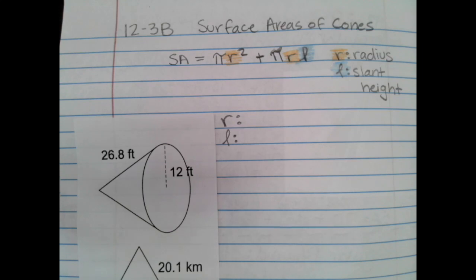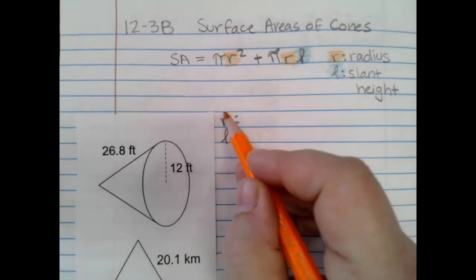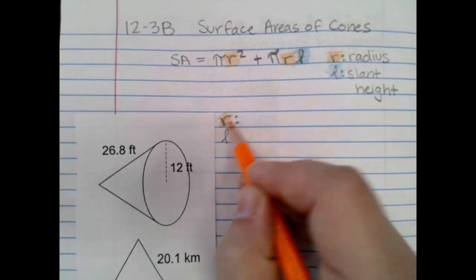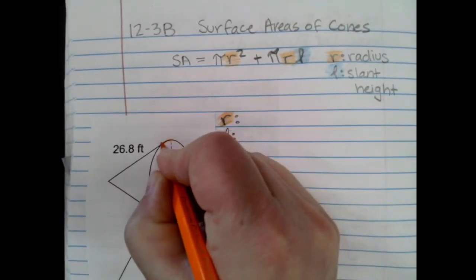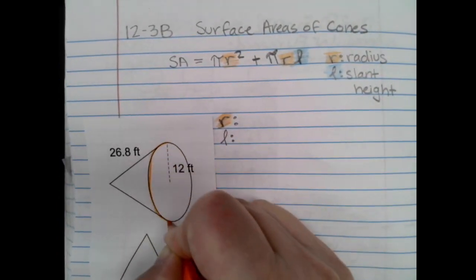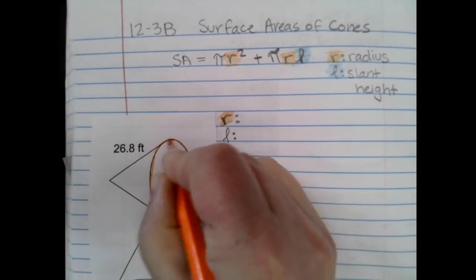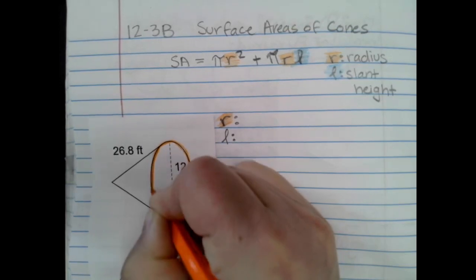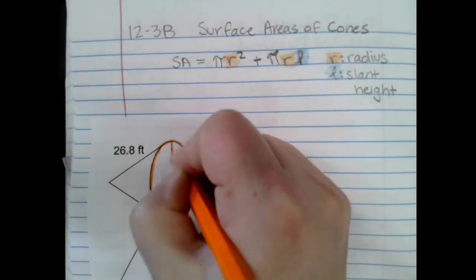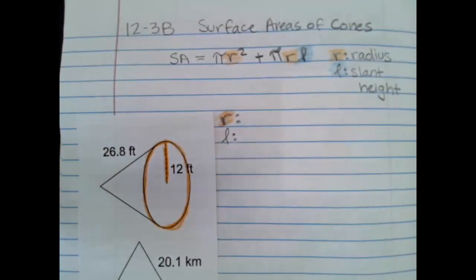Alright, so as we take a look at our radius, what is our radius here of the base? We're looking at that circle, and remember radius goes how far across? Halfway or a whole way? Yeah, just the halfway. So just this 12 is that radius.